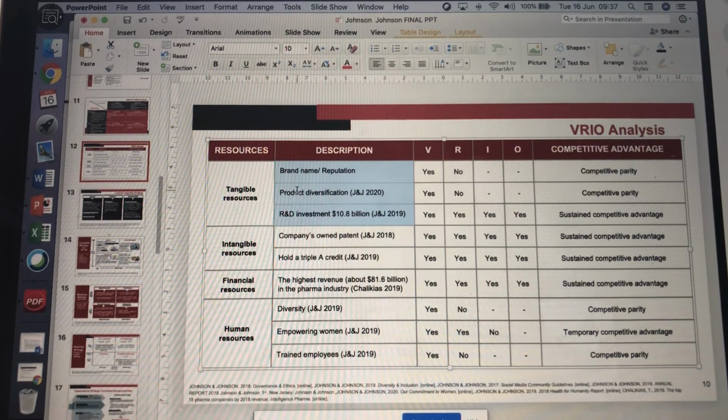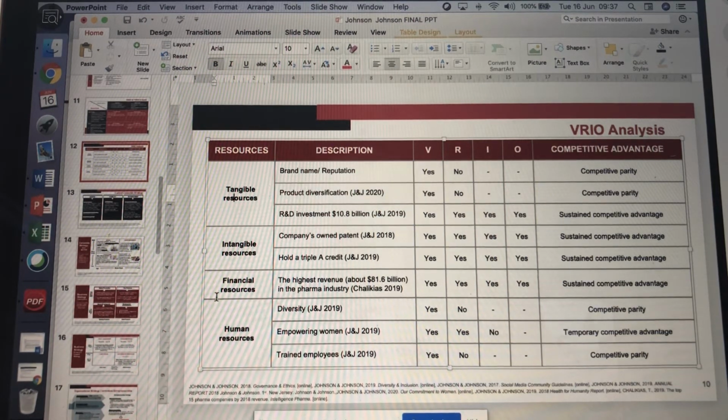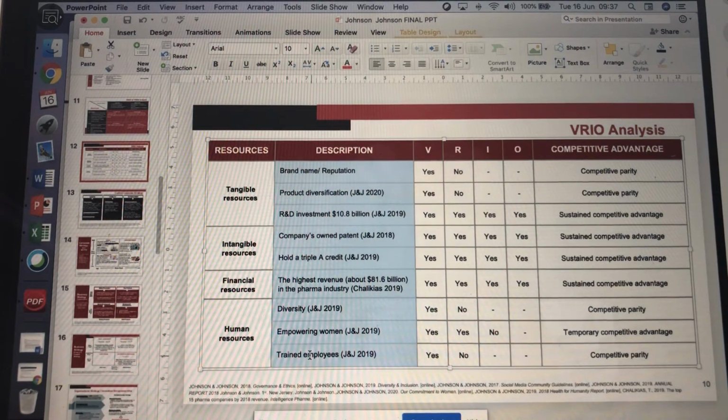So what you should do is, all these resources and competencies, not just resources, competencies, you should list them based on your findings from your SWOT analysis and from your value chain.